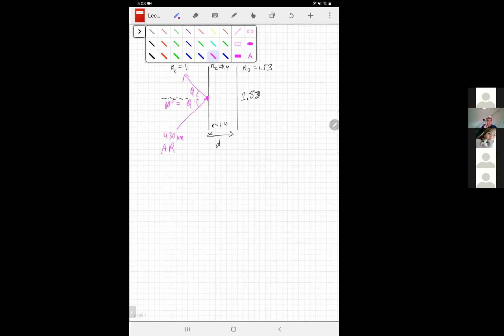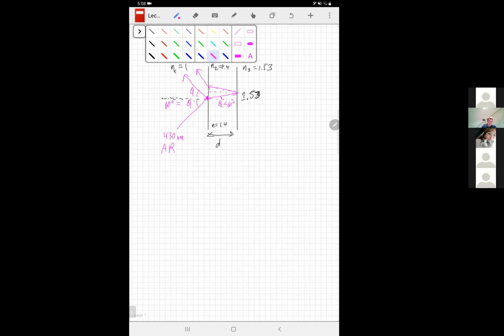Forget about even reflections right now. The transmitted wave, what happens to its angle when it goes into the medium? It bends closer towards the normal. Yep. So there's going to be a theta 2 that is less than 60 degrees. And then some of that is going to be reflected.